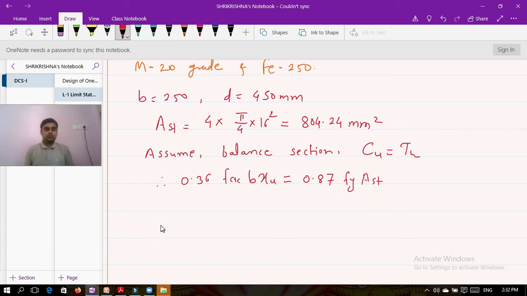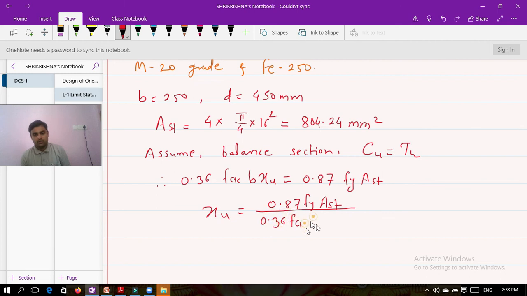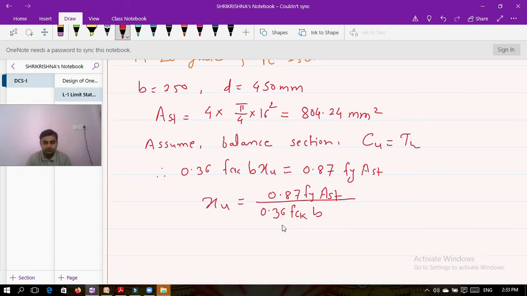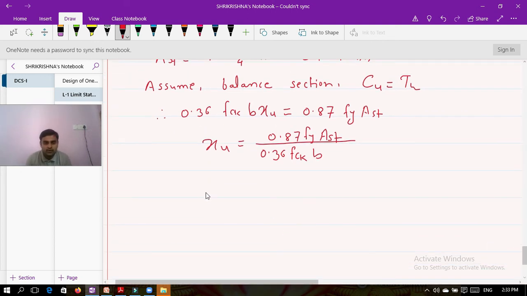So if you just put the values, you will get the answer. So Xu is equal to 0.87 fy Ast whole divided by 0.36 fck b. Now you just put the values, you will get the answers.